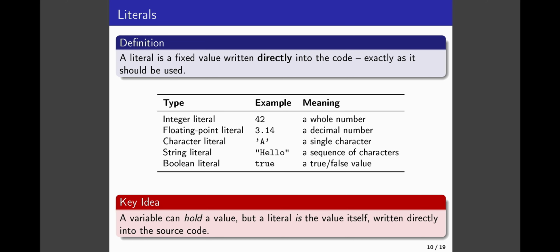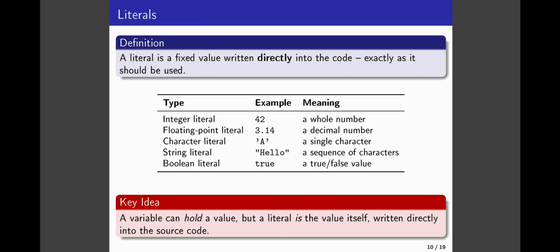Then literals. Let's talk about literals now, a term you will hear constantly once you start writing real code. A literal is a fixed value written directly into the code, exactly as it should be used. So let's go through a few types. An integer literal like 42 is a whole number. A floating point literal like 3.14 is a decimal number. A character literal like 'A' in single quotes is a single character.